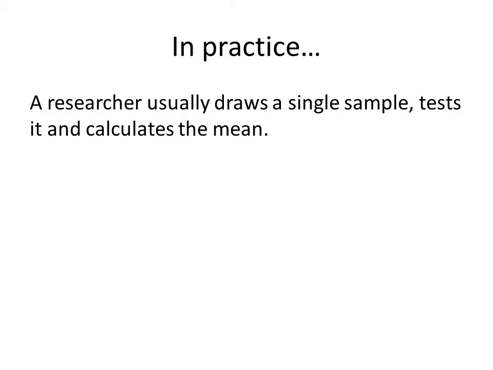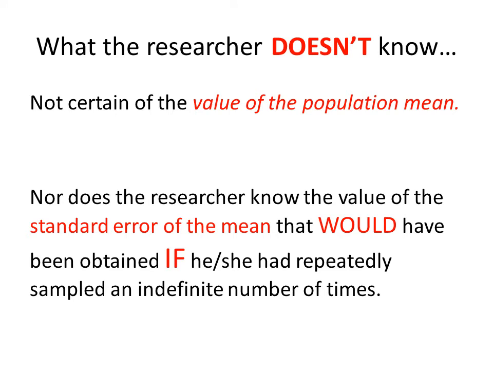Now in practice, as we've already talked about, a researcher usually draws a single sample, tests it, and calculates the mean. But what the researcher doesn't know while they're doing this is the value of the population mean.